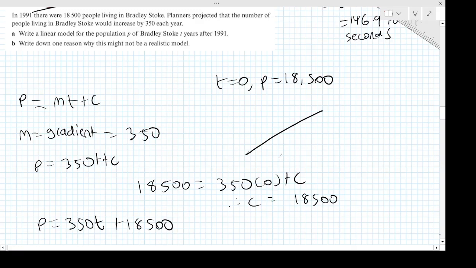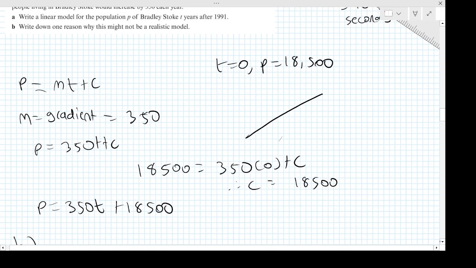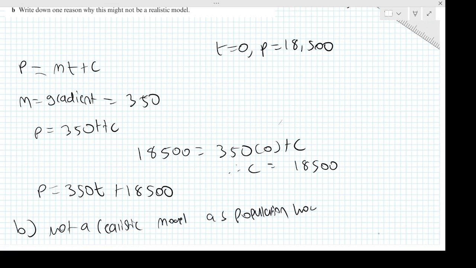Is it realistic for a population to go up the same amount every year? Population is very volatile. Loads of things can happen to change the population drastically, up or down every year. Right, so no, it's not realistic, not the exact amount. So it's not a realistic model, as the population would not increase by exactly the same amount each year, right?